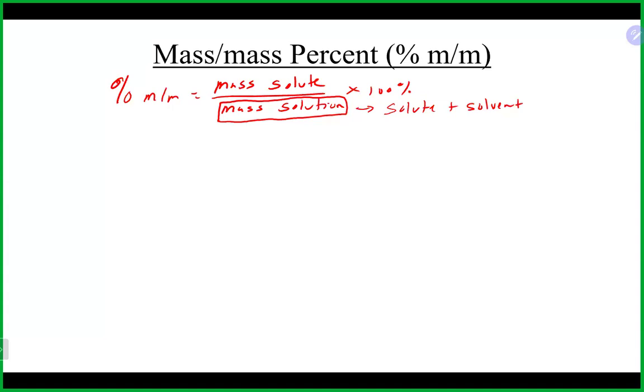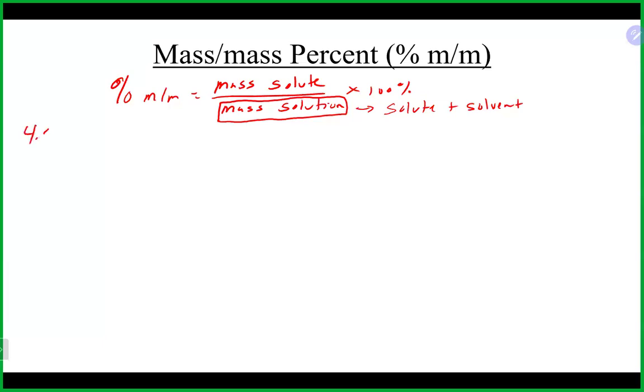They'll tell you the mass of the solute and they'll tell you the mass of the solvent separate from each other. And it's a very common mistake that people make, which is they just roll with the solvent because it's a larger number and they put that on the bottom rather than adding them together. So you do want to make sure that you have both of those values added together to get the total mass of the solution.